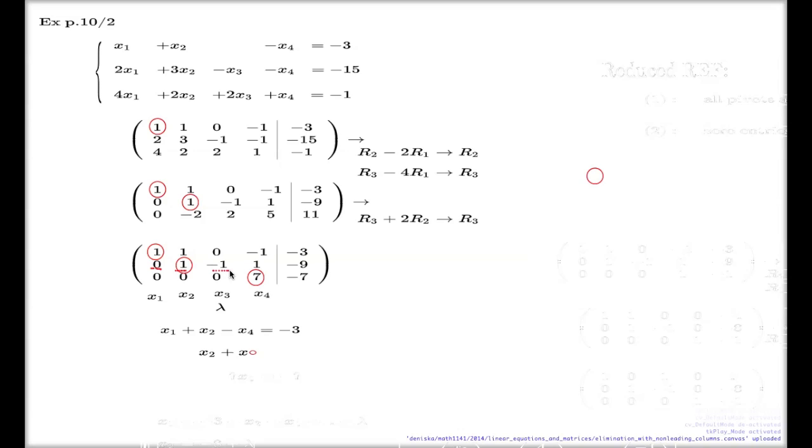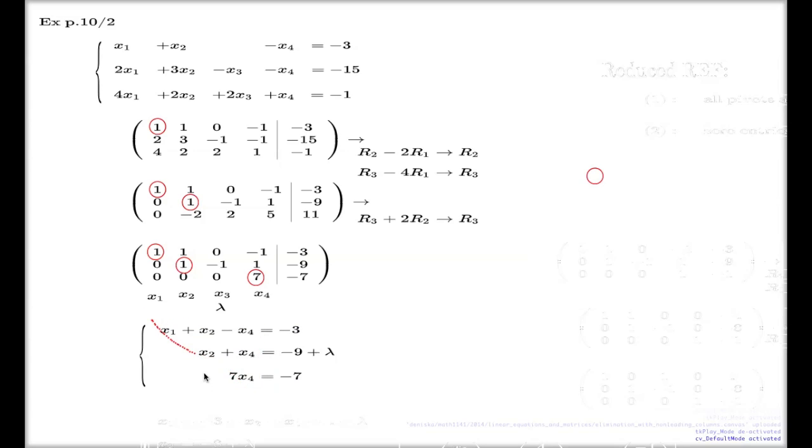This one will go to the right-hand side, 1 for x4. Here's my right-hand side. Here's my x3, I just renamed it into lambda. And the line which corresponds to the last row is 7x4 equals negative 7. You see, perfect triangular shape here, the one which can be easily back substituted.